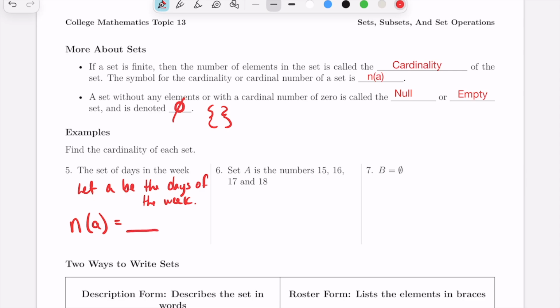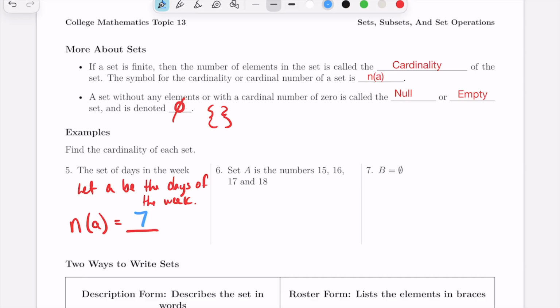That's what the cardinality is referring to, is how many elements are there in that set. Well, the days of the week are Monday, Tuesday, Wednesday, Thursday, Friday, Saturday, Sunday. So there are 7 days of the week. We're not trying to be tricky and say like, oh, don't forget about today and tomorrow. And, no. Just 7 days in a week.